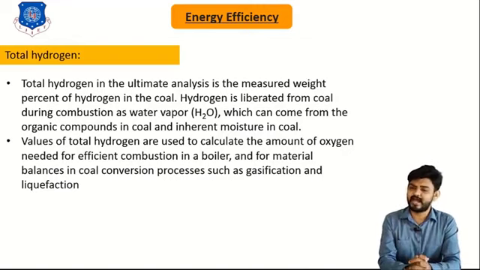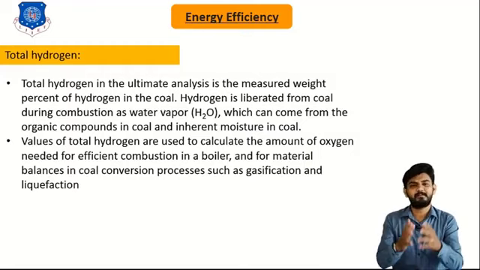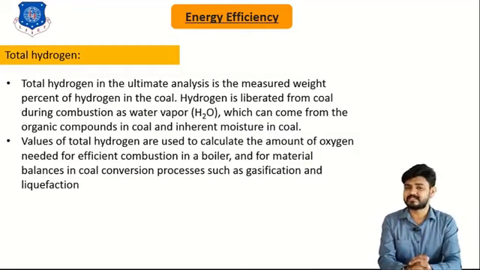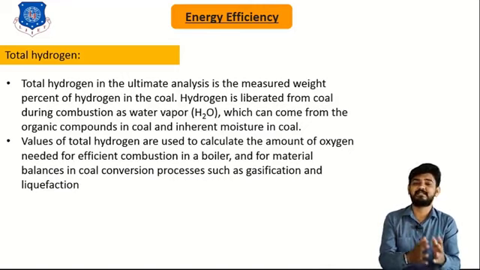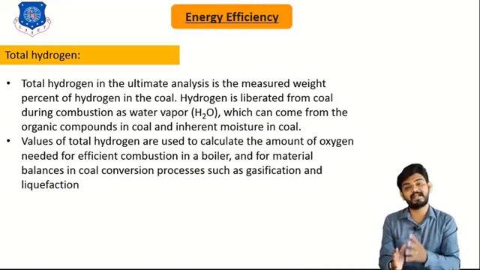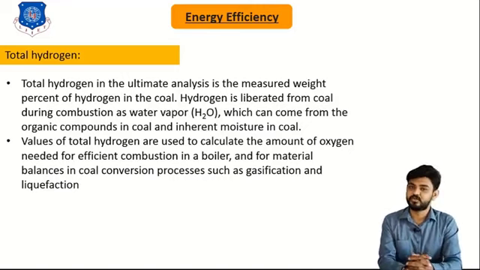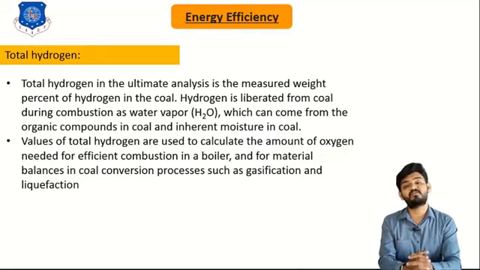The value of total hydrogen is used to calculate the amount of oxygen needed for efficient combustion in the boiler. So, the amount of hydrogen tells us the amount of oxygen that will be required for the complete combustion of coal. This measurement of hydrogen is very important.